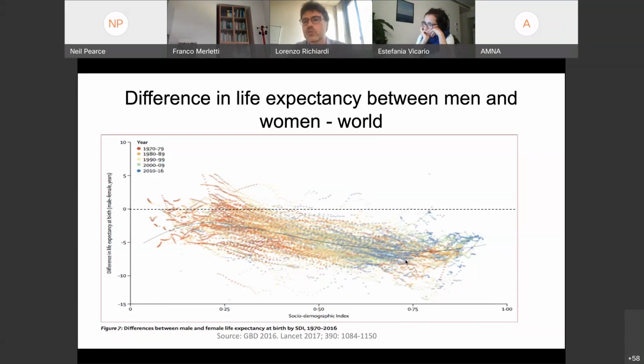So this means that it's not only biological, or that it has little to do with biology, but it's really the context that creates the differences in life expectancy, even within the same population, when it comes to gender, income, and many other aspects.